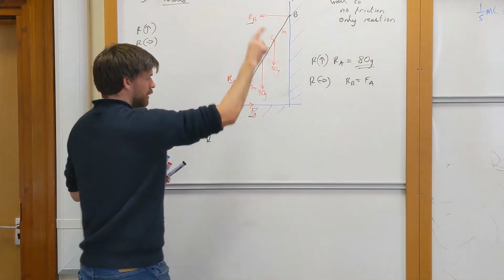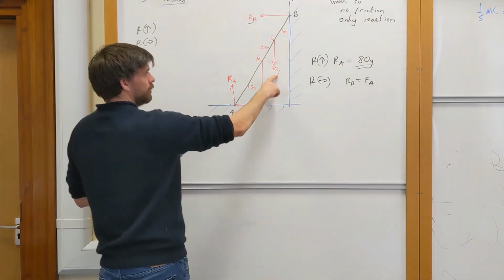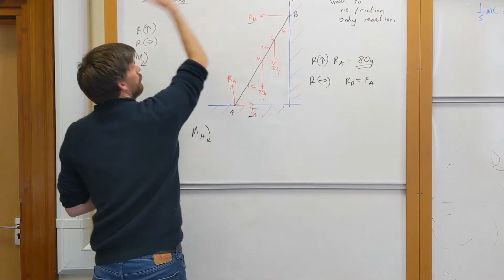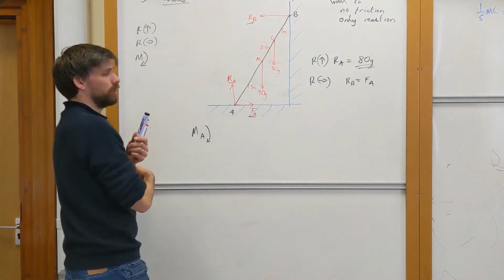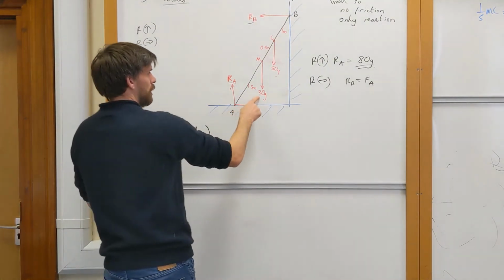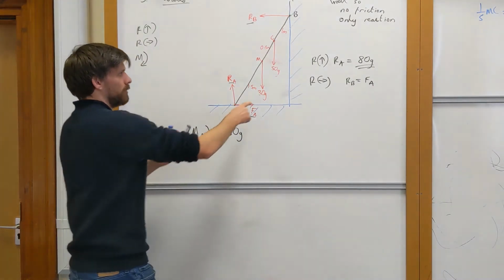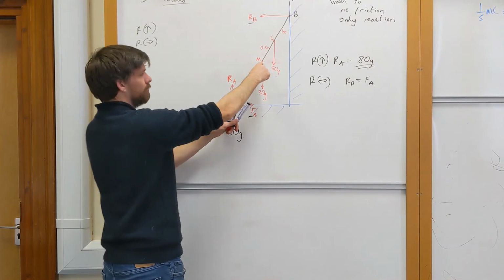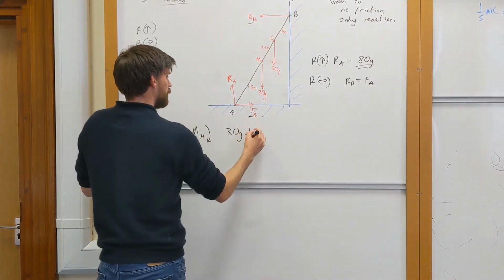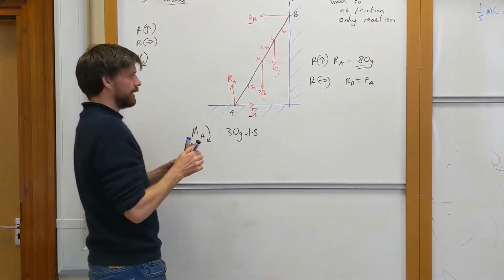These two forces are going to cause clockwise motion. That reaction at B is going to try and cause an anti-clockwise motion. So let's start with the forces. We've got 30g. That 30g is a distance of 1.5 metres, but they're not perpendicular.